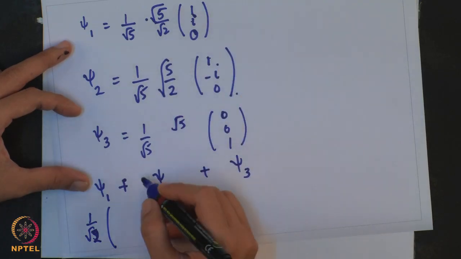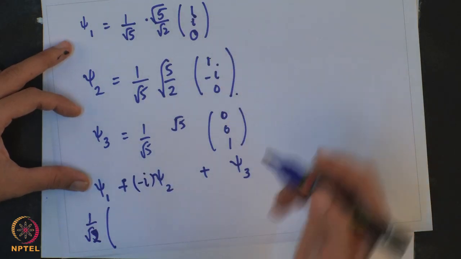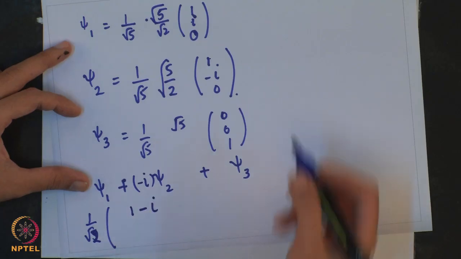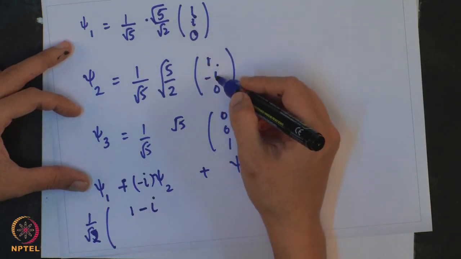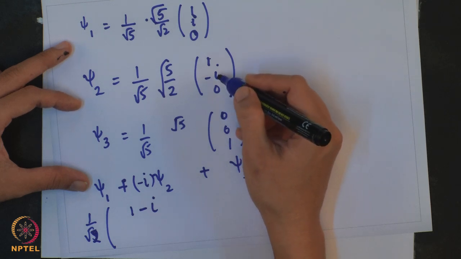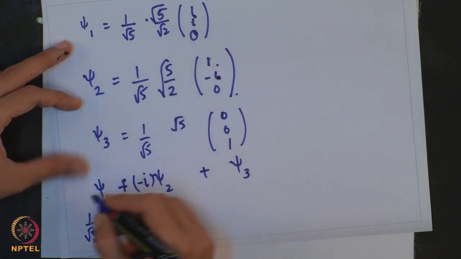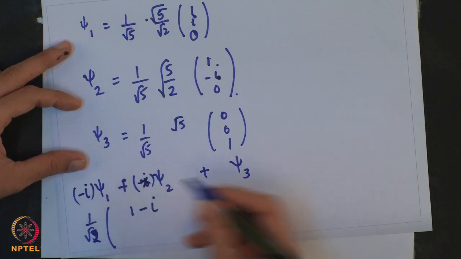So I multiply this by minus i. Okay. So I have 1 minus i and this is 0. Next one is i into minus i. So rather I will have to multiply this by minus i.